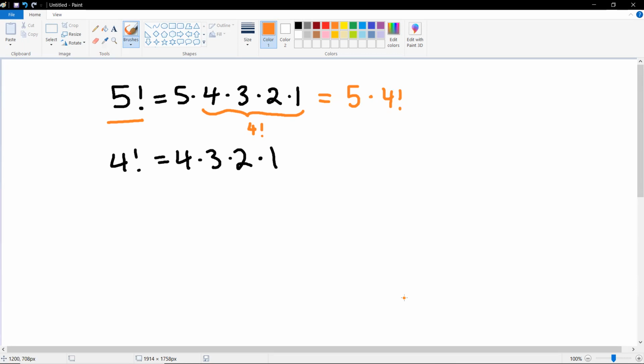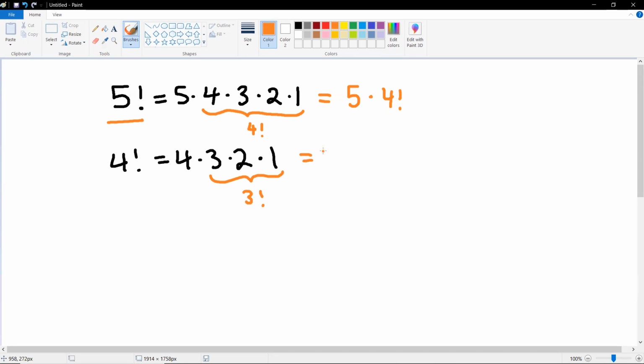And so this breaks down our big problem, solving 5 factorial, down to a slightly smaller problem. Because the idea is if we know what 4 factorial is, then we can very immediately calculate 5 factorial. You just multiply by 5. And you can take this pattern again and again. So if we look at 4 factorial, what is this? Well, this is just 4 times 3 factorial, right?